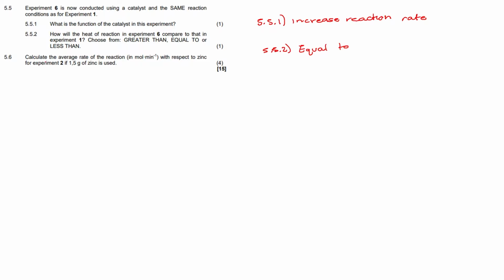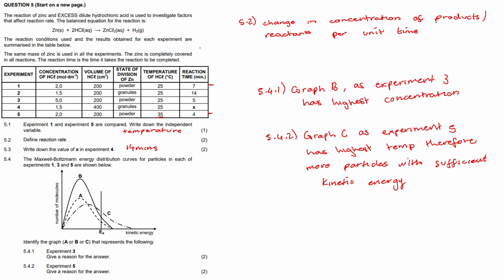Question 5.6. Calculate the average rate of reaction in moles per minute with respect to zinc for experiment 2 if 1.5 grams of zinc is used. So let's go back to the table and see what our values are for experiment 2.